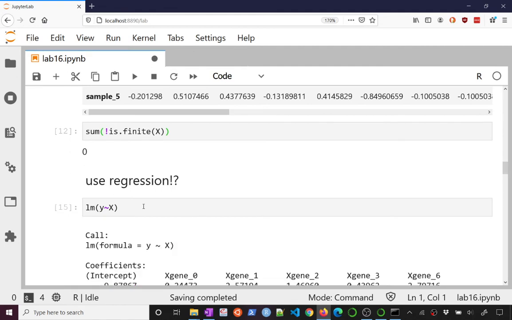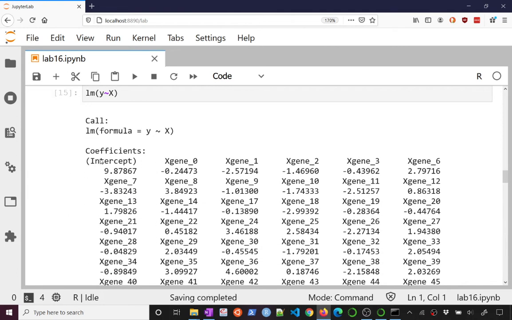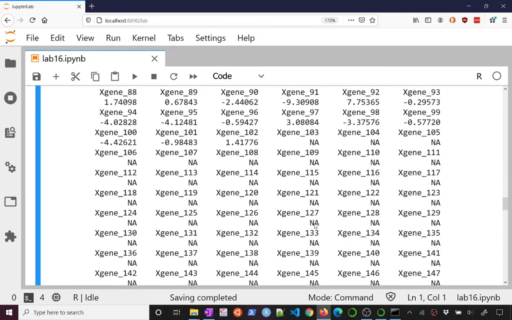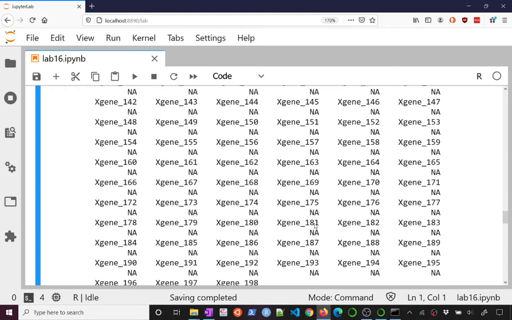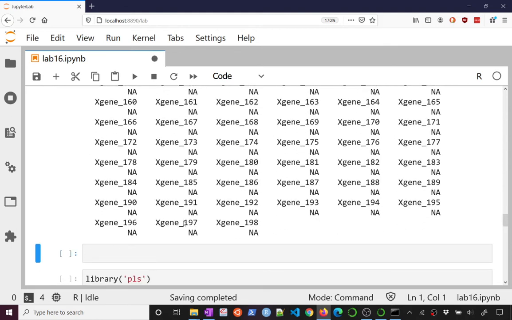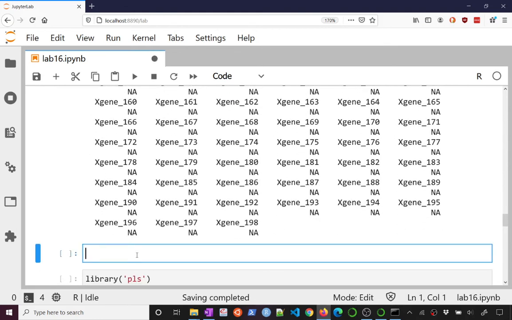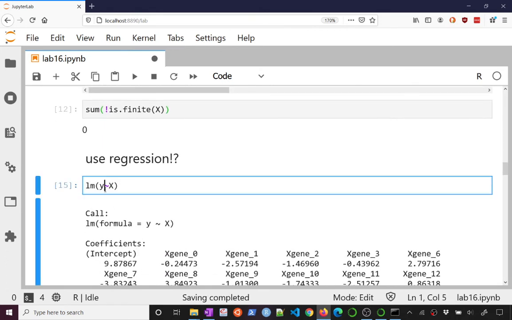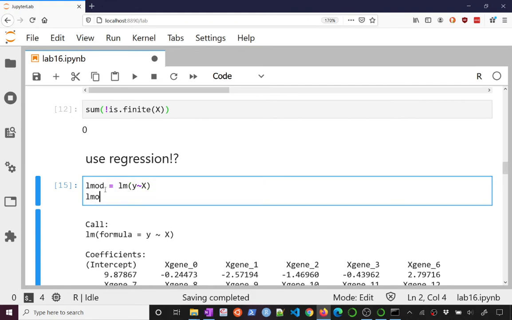So we can run this, and we'll get our intercept, and we'll get betas for all of our genes. But if we scroll down far enough, we start to get NAs, right? And we've seen this before, and this is because beta hat is just ill-defined. So if we say X design, let's actually name our model here lmod, right?